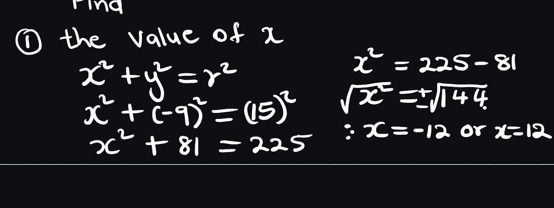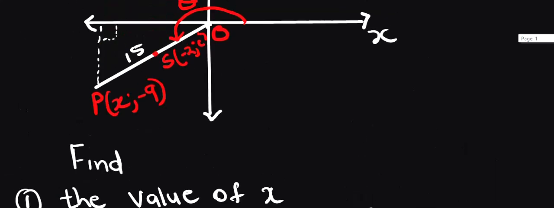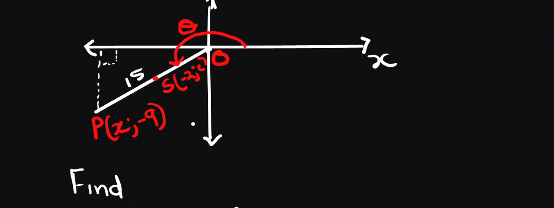Another method that you can use here is to transpose this 144 to the left hand side and factorize the difference of two squares and then find the values of x. Now let us check the quadrant for the value of x that we are solving.